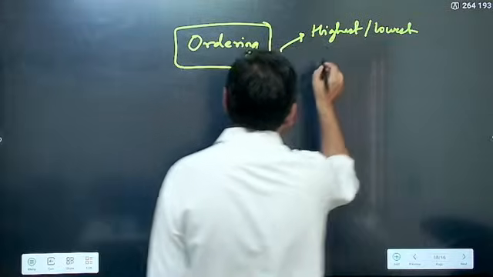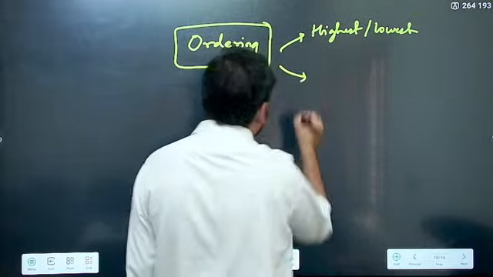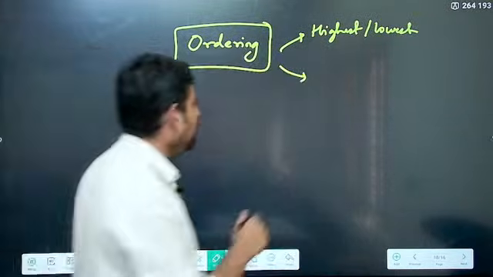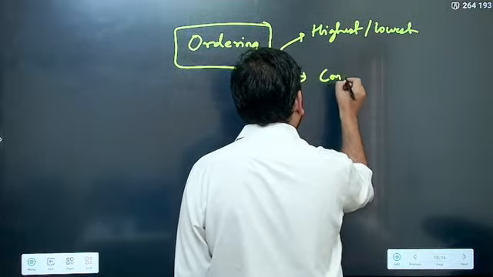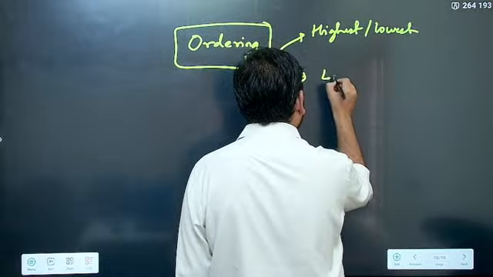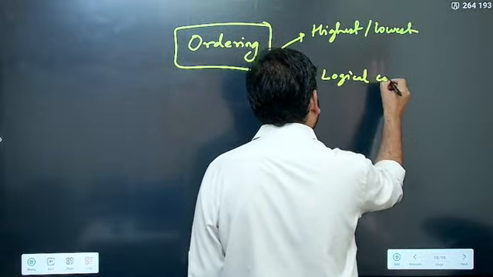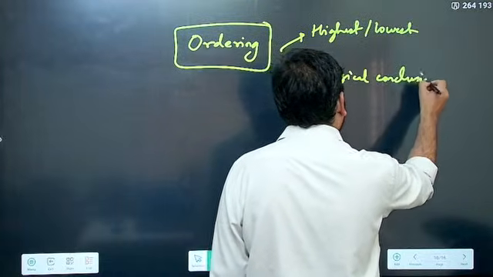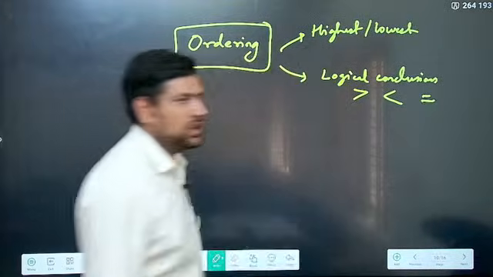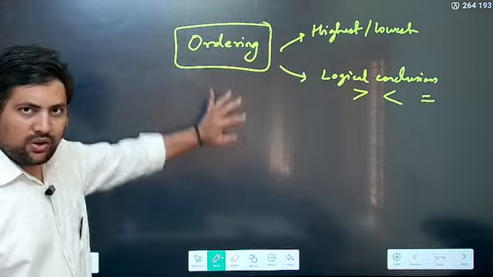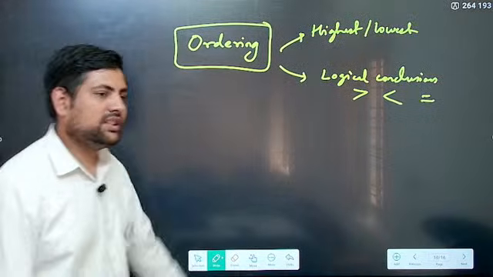And the other thing is they will ask you some very basic logical conclusions that you can draw. For this, you just have to use greater than, less than, equal to kind of symbols. So these two are also asked. Now I'm covering this in ranking only.